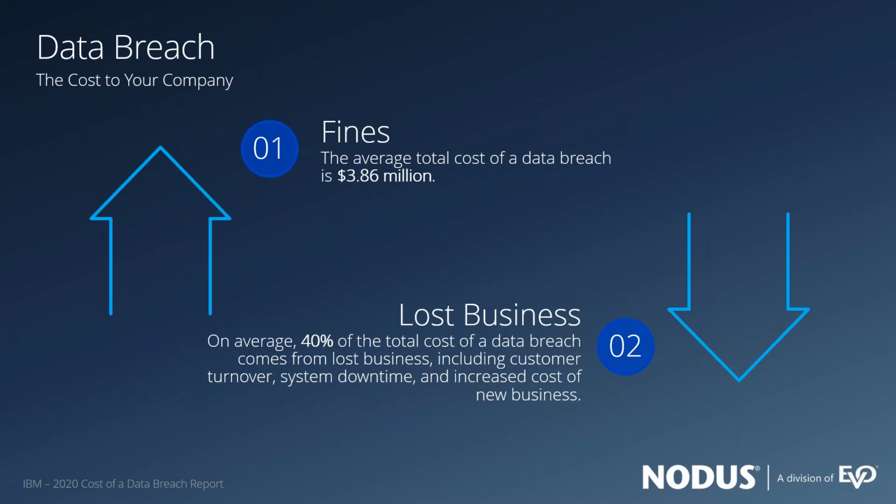Now, this is something we can relate to, right? If you hear in the news about a company being a victim of a data breach, you're going to think twice before doing business with them. It's like going to a restaurant that you just heard didn't pass its food rating because they weren't keeping up with cleanliness.